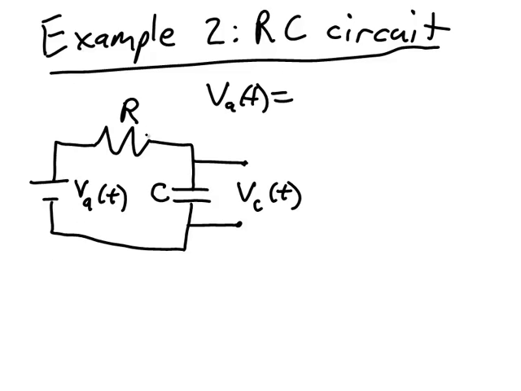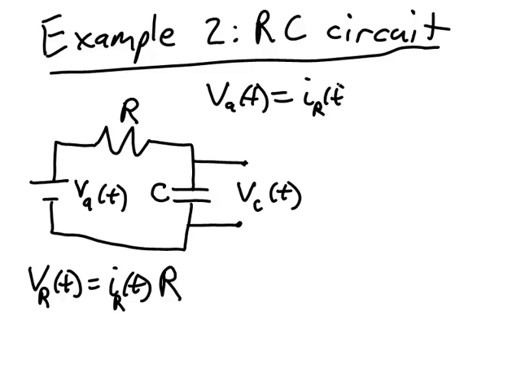The voltage in the resistor is equal to the current through the resistor times the resistance. The voltage across the capacitor is actually my output signal, so I'm not going to write any equation for that. I'm just going to leave it as the voltage across the capacitor.